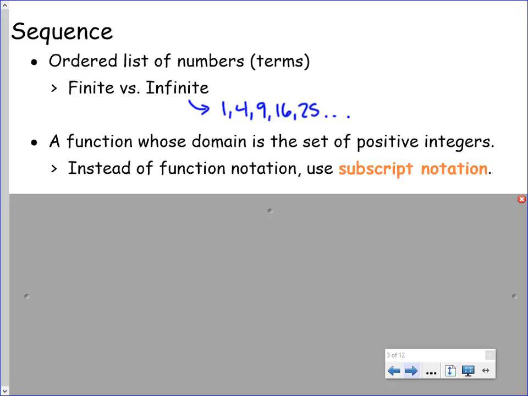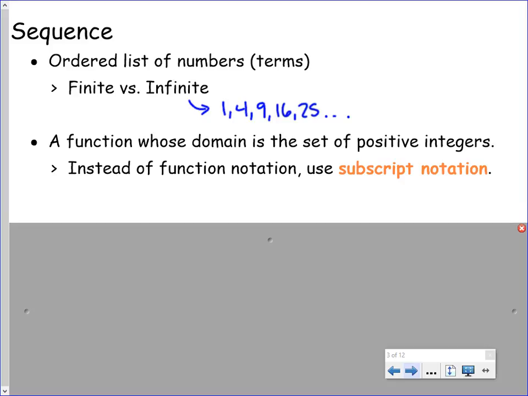Instead of function notation, and remember function notation is the one that looks like f of x, we're not going to use f of x when we work with sequences and series. We use something called subscript notation. And subscript notation obviously has a subscript. We usually use the letter A for sequences.